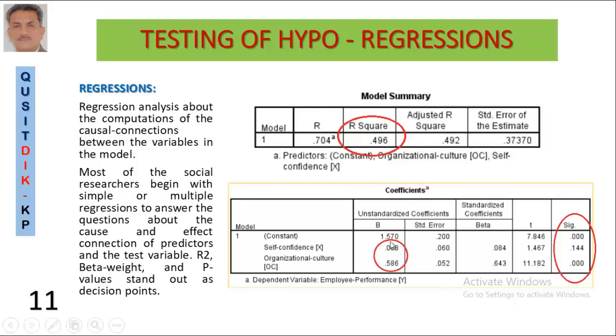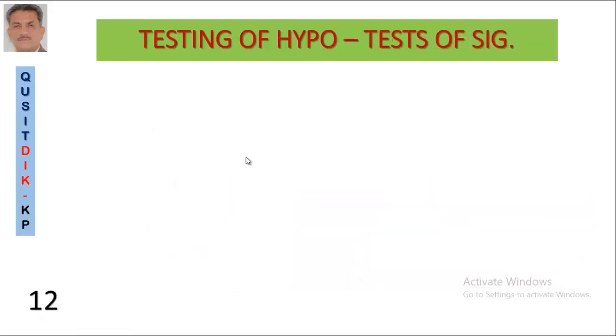We can also see that the beta weight of self-confidence is very low, while the one for organizational culture is powerful. So on the basis of these results, we decide how far a cause and effect relationship exists and how powerful it is.